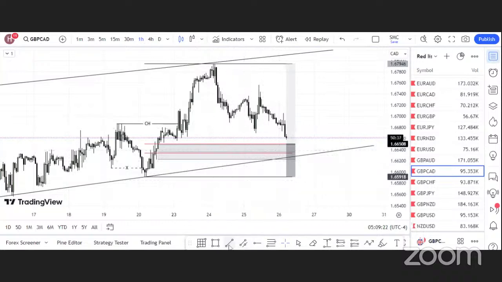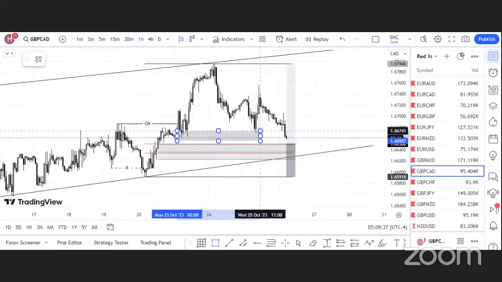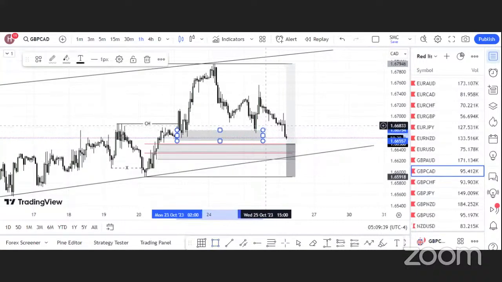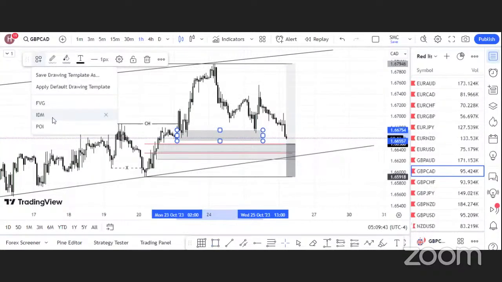Because as you can see, the market made this move around this area, okay? The market made this move. All right. So the market made this move around here.